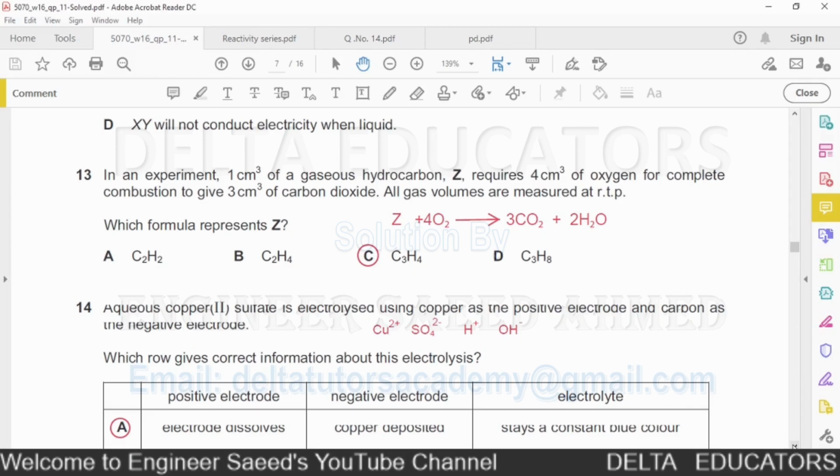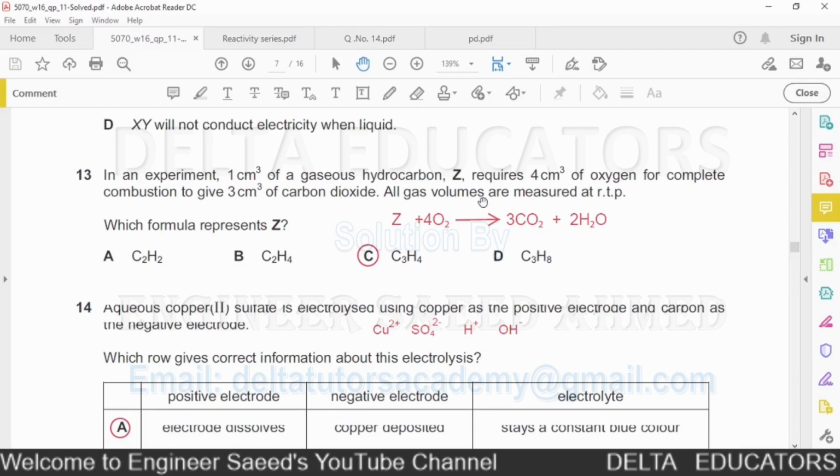Question number 13. In an experiment, 1 centimeter cube of a gaseous hydrocarbon Z requires 4 centimeter cube of oxygen for complete combustion to give 3 centimeter cube of carbon dioxide. All gas volumes are measured at RTP. Which formula represents Z?